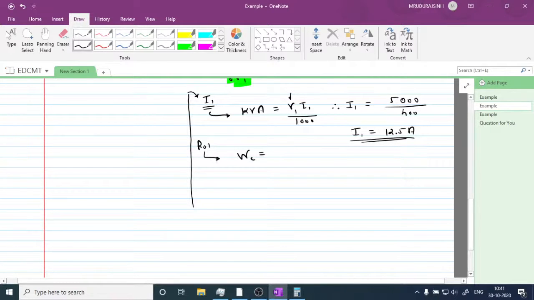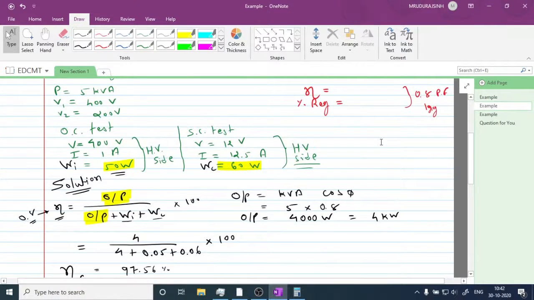So to calculate R01, the equation for copper loss is nothing but the I square R loss, right? So it's I1 square R01. We want to find R01, so that gives us WC divided by I1 square. And what is the amount of copper loss?